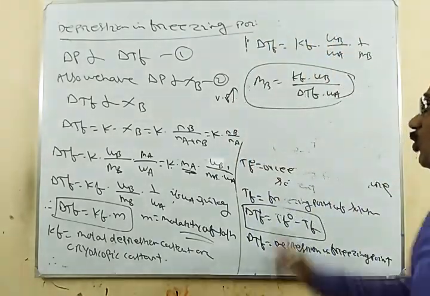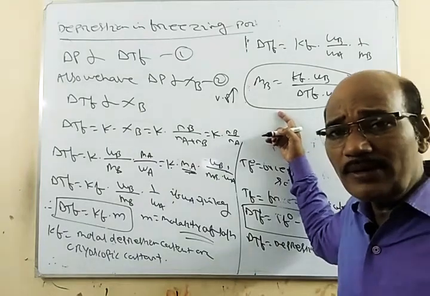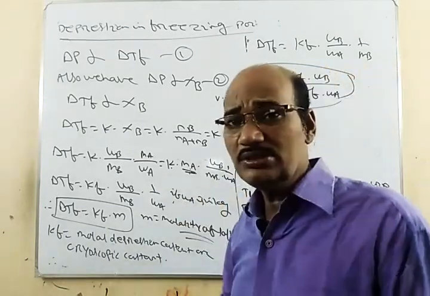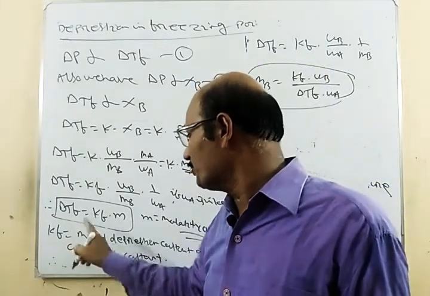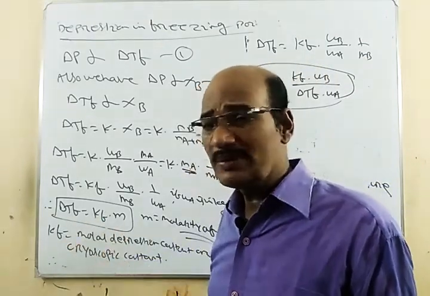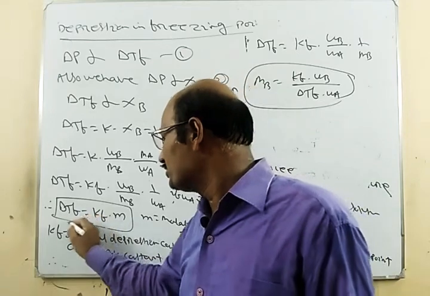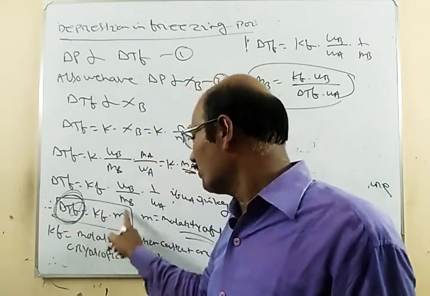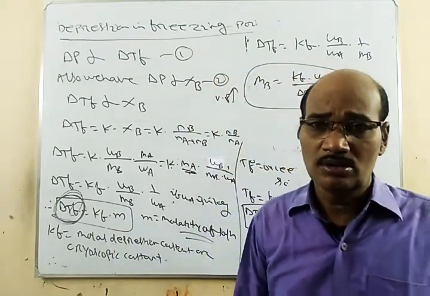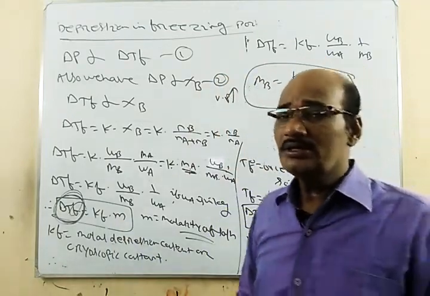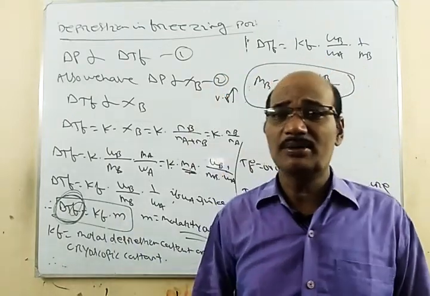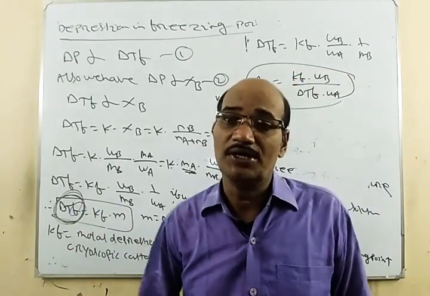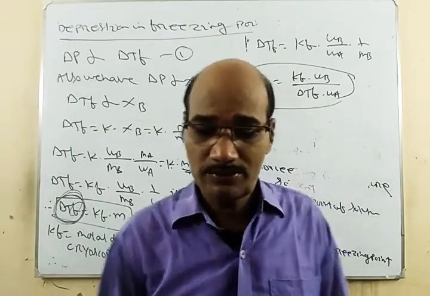So in this way we can calculate the molecular mass of the solute. And here you see delta Tf equal to Kf into m. That means the depression in freezing point depends upon the number of moles of solute, that means upon the number of solute particles. Therefore, it is a colligative property. Okay.